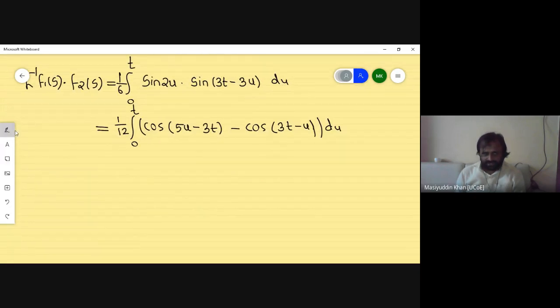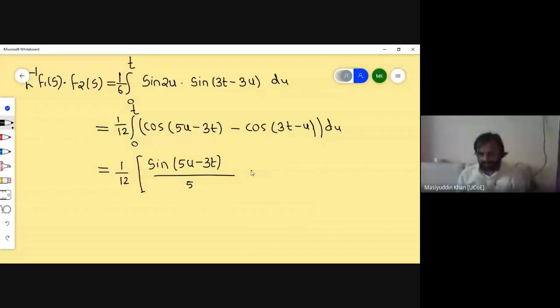Now we have to integrate the terms. So 1 by 12 as it is, integration of this part, cos will be sine of 5u minus 3t divided by 5, minus cos of 3t minus u upon 1 minus 1, but it will become plus. So 0 to t here.